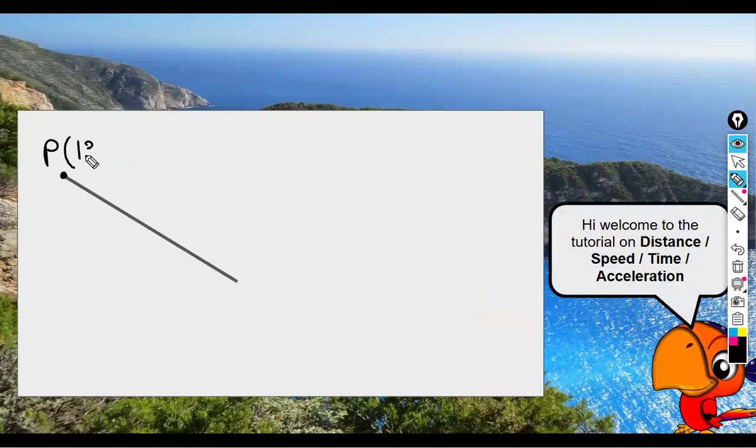Let's just call this one 13 and 20, and over here, Q, I will call it, 22 and 7. Try to find the gradient of that line. If you're getting a decimal, you all know by now you round off to how many decimal places? 2 decimal places.